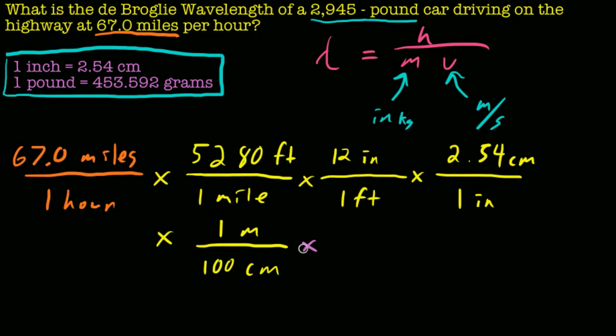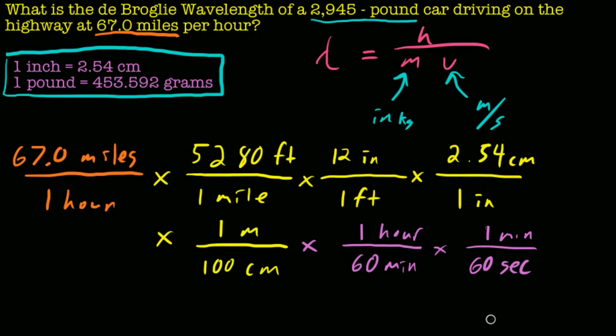So now we're going to multiply this, and we're going to try to turn hours into seconds. We want hours to cancel out, so 1 hour is equal to 60 minutes. And then we want minutes to cancel, and we want to be left with seconds, so 1 minute is equal to 60 seconds.